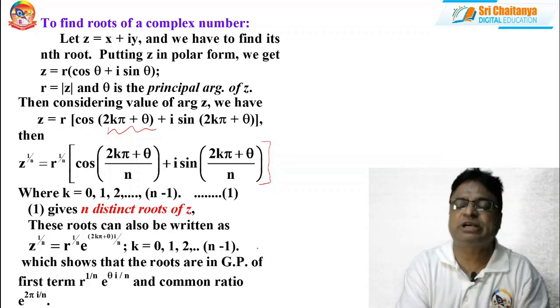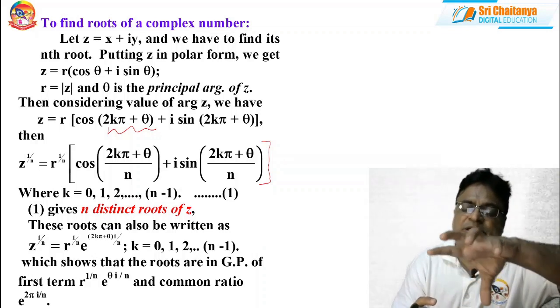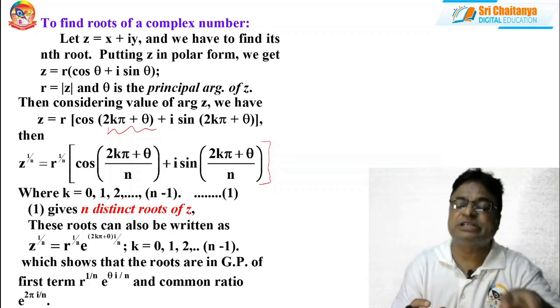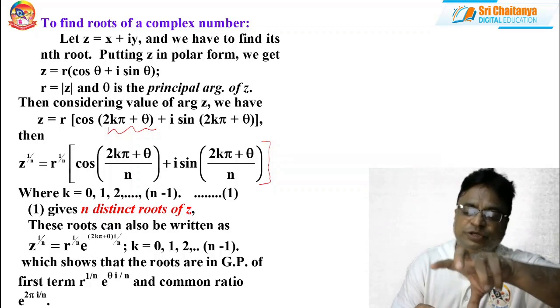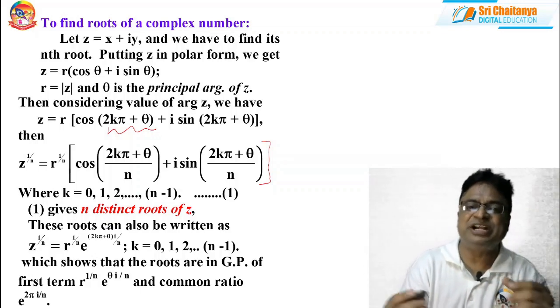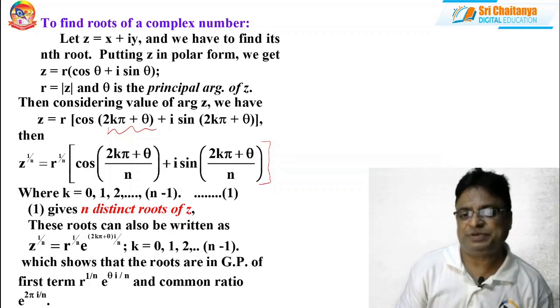All these roots are in GP, and they are on the circumference of a circle, acting as vertices of a polygon, with center as origin and radius r power 1 by n. These points already we discussed in our previous video.